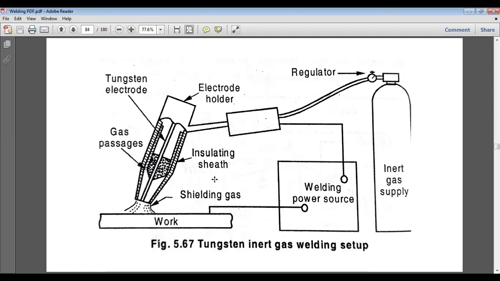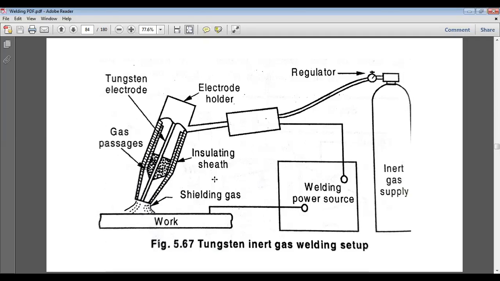The only difference between tungsten inert gas and MIG welding is that in MIG welding, the electrode is consumed itself, while in TIG welding, the electrode does not consume itself. Another filler metal or filler rod is applied for filling the metal. This is called TIG welding.